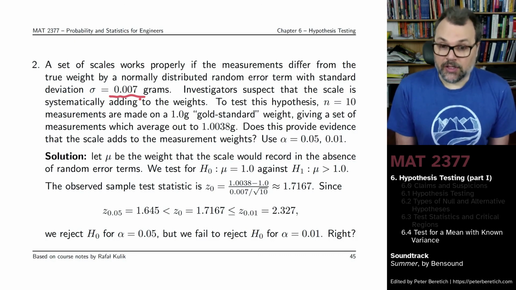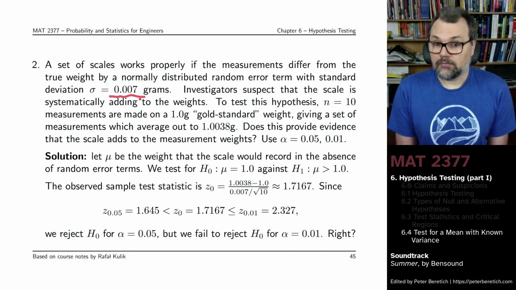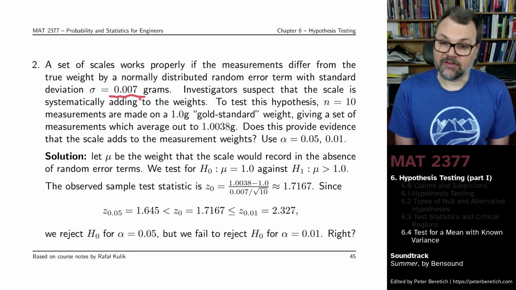Does that average of the 10 measurements provide you evidence that the scale adds to the measured weights? Well, we can look at this using various significance levels. Mu will be the weight that the scale would record in the absence of random error terms.